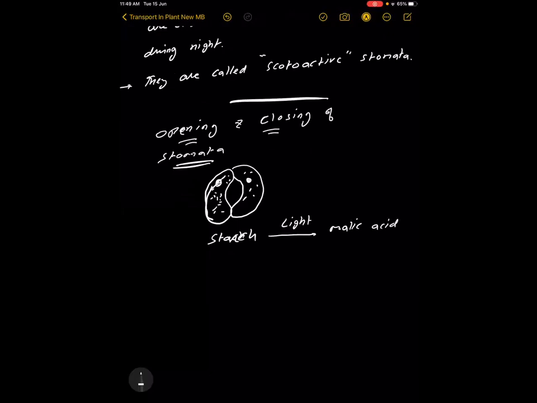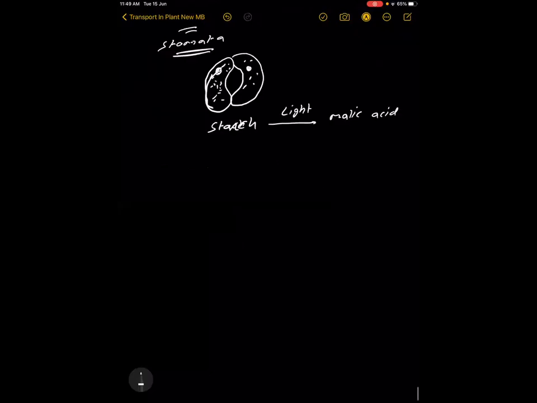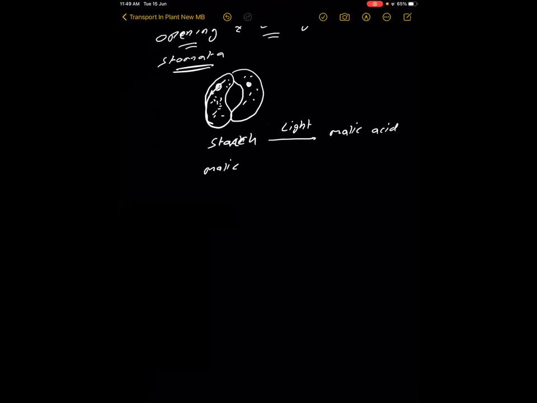First the starch forms phosphoenol pyruvate, then it combines with CO2 to form oxaloacetic acid. There is a long reaction, and finally it is converted into malic acid. Don't write this, I will make complete notes later; it is just to understand.